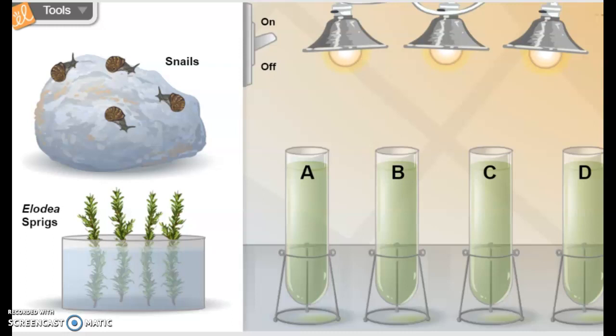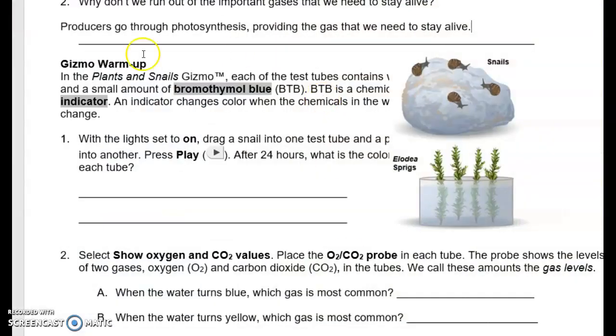So on your handout, question number 1, with the lights set to on, drag a snail into one test tube and a plant into another. Press play. After 24 hours, what is the color in each test tube? So let's see how we set this up.